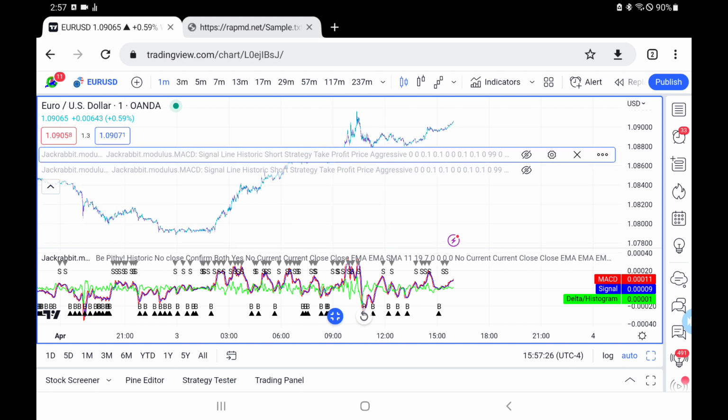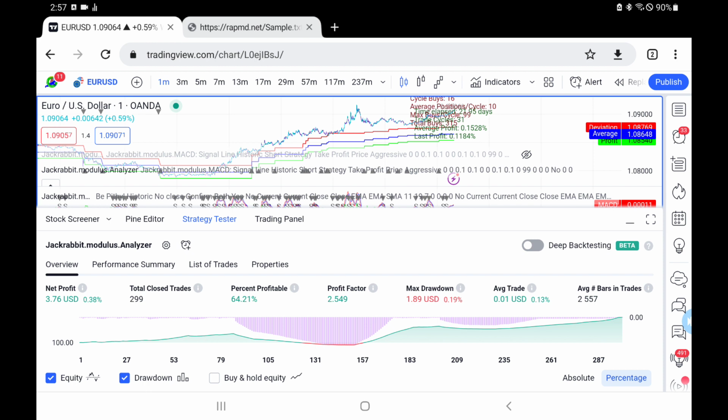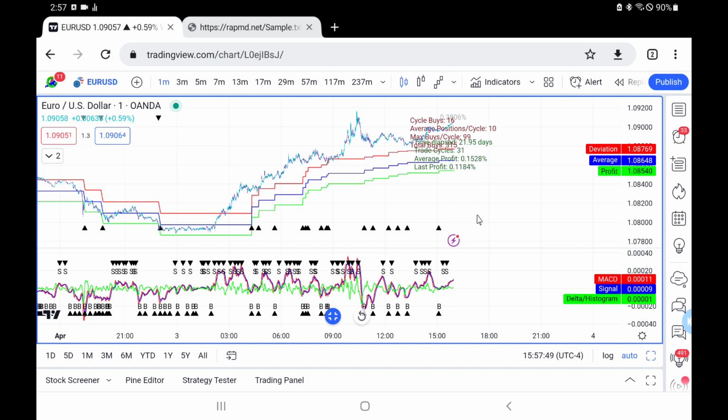I have prepared the Jackrabbit analyzer, and it is set up exactly identical to the DCA module. But instead of its own reporting, which you still see here with the exact same previous numbers, it uses the TradingView strategy testing engine.